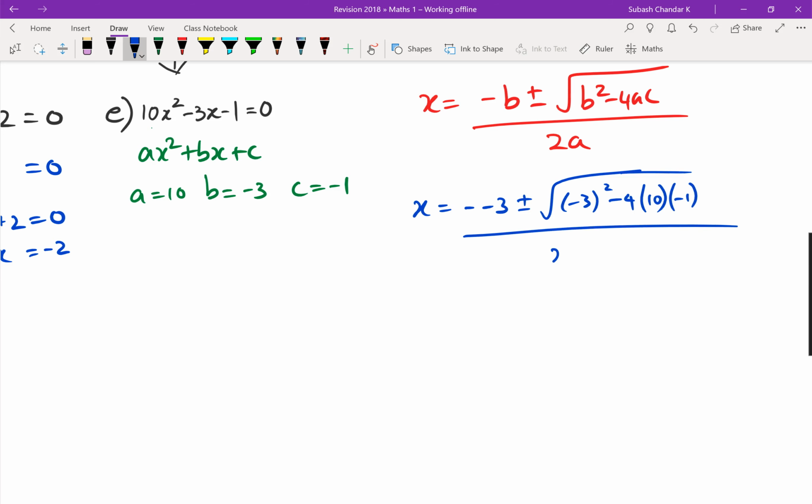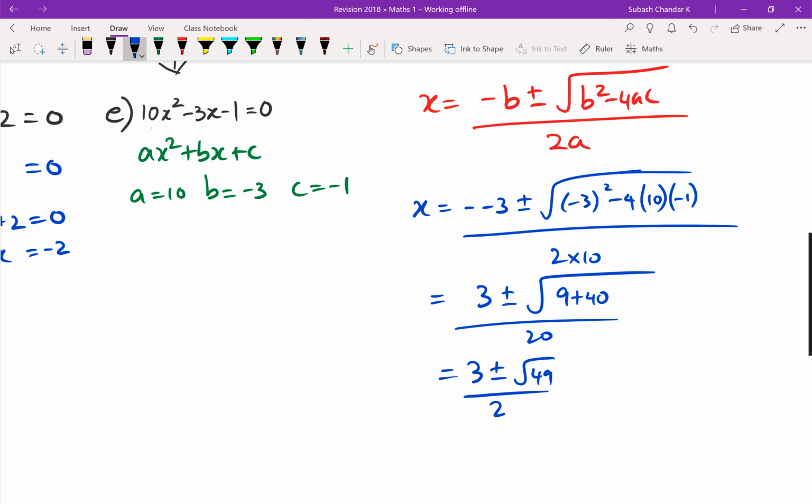All of that is divided by 2 times 10. So I've got 3 plus or minus the square root of 9 plus 40 over 20. So I've got 3 plus or minus the square root of 49 over 20, which is 3 plus or minus 7 over 20. Is that what you guys got so far?